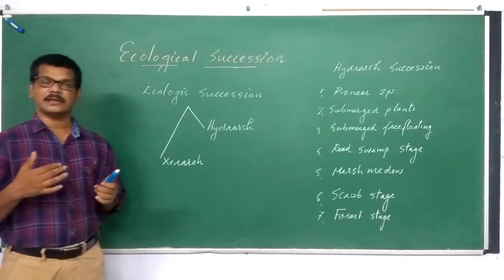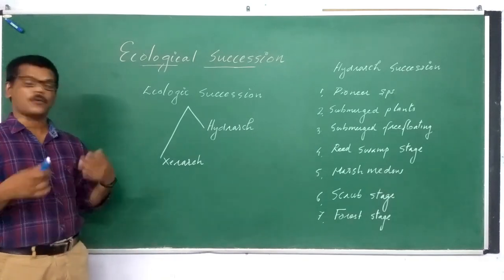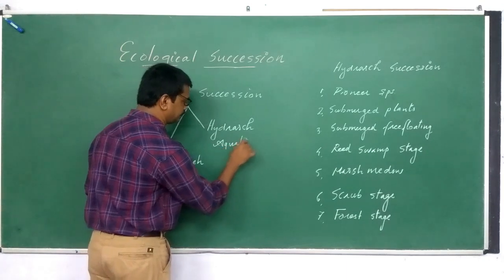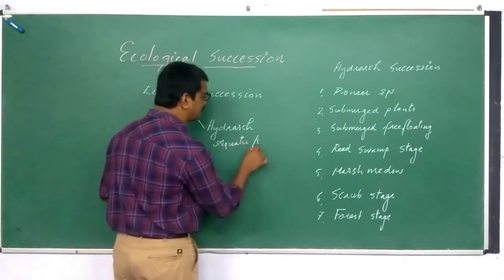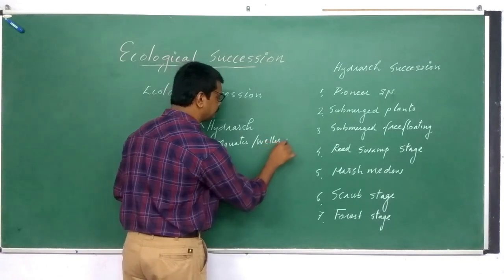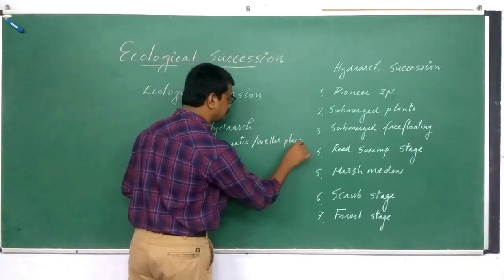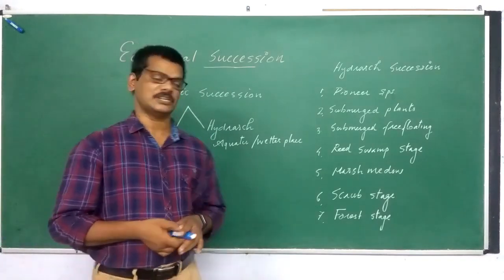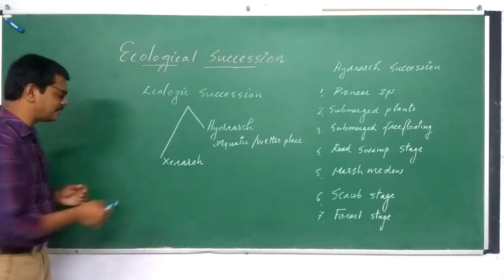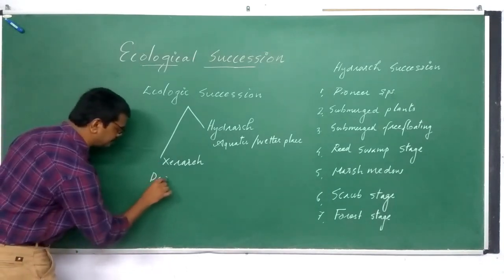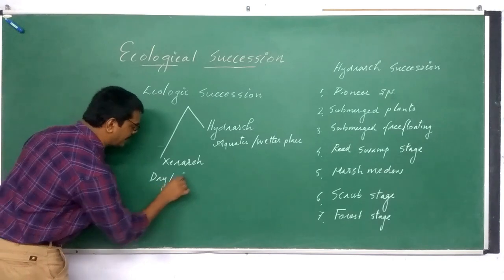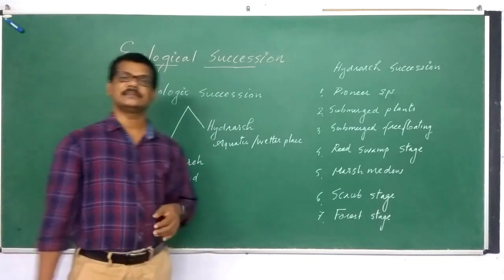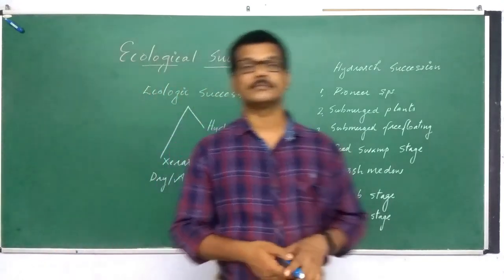If the change is taking place in aquatic habitats or a wetter place, the process is known as hydric succession, whereas if it is taking place in a dry or an arid habitat, it is known as xeric succession.